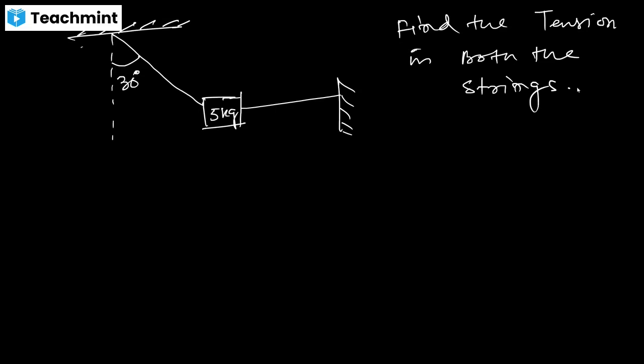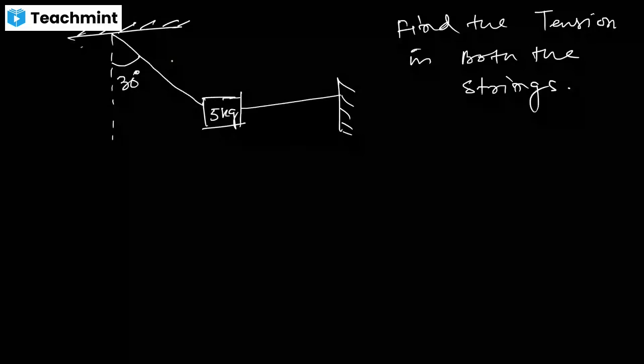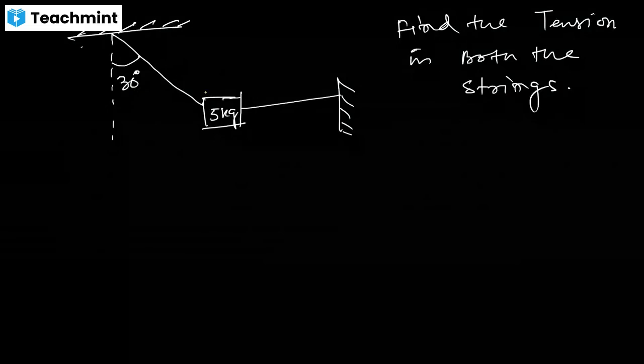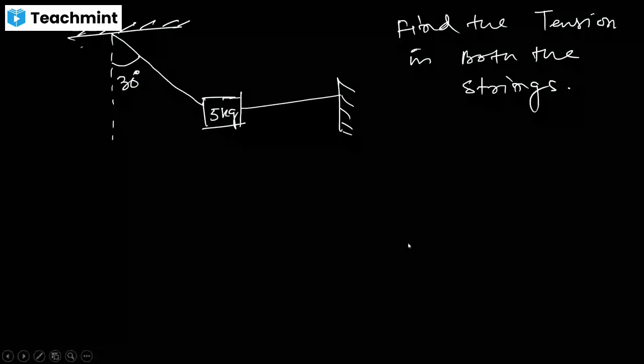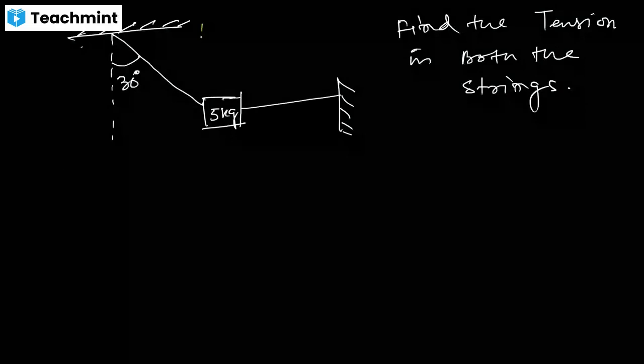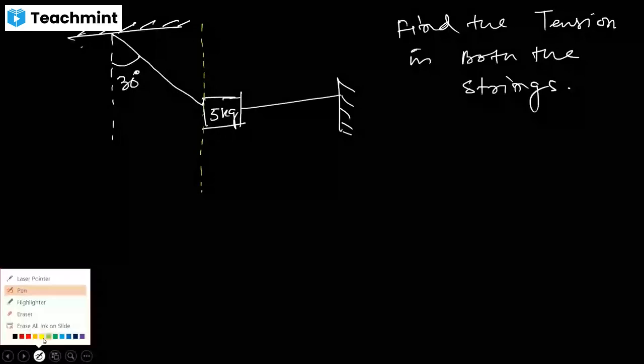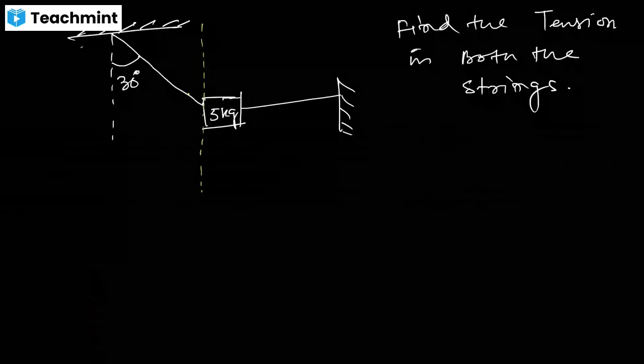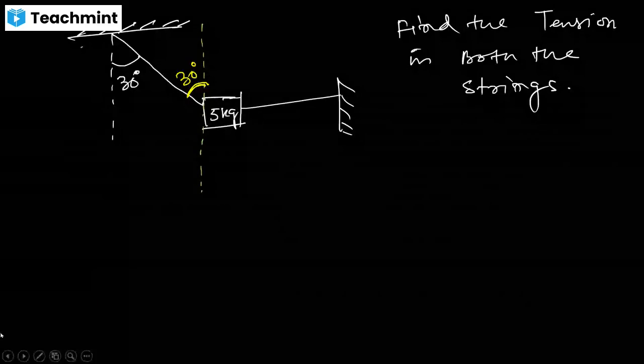Now in this diagram, everyone, just focus. If that angle is 30 degrees, you know about the alternate angle, right? If I draw another parallel line with respect to this point, this is the parallel line that we have drawn here. With respect to this parallel line, this angle will also be 30 degrees.